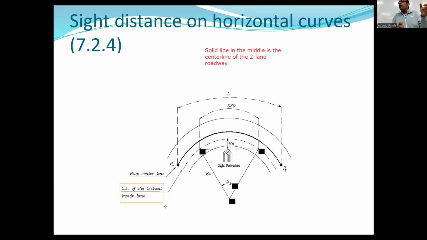Now, if you recall, I mentioned that we worry about the inside lane a little bit more. Why do we worry about the inside lane on a curve more than the outside lane? Why is it the critical lane? It's a tighter curve, right? Because you're inward, your radius is shorter.